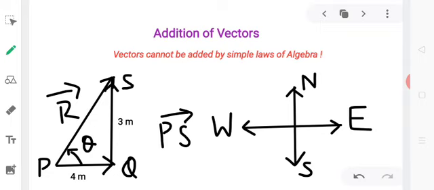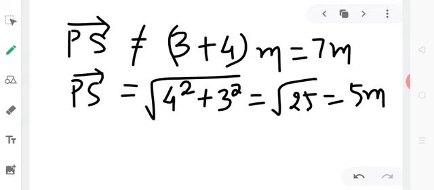In this illustration we note that the displacement of 5 meter along PS produces the same effect as the displacement of 4 meter along PQ and 3 meter along QS together produce. It means that the displacement PS is the sum or resultant of displacements PQ and QS.